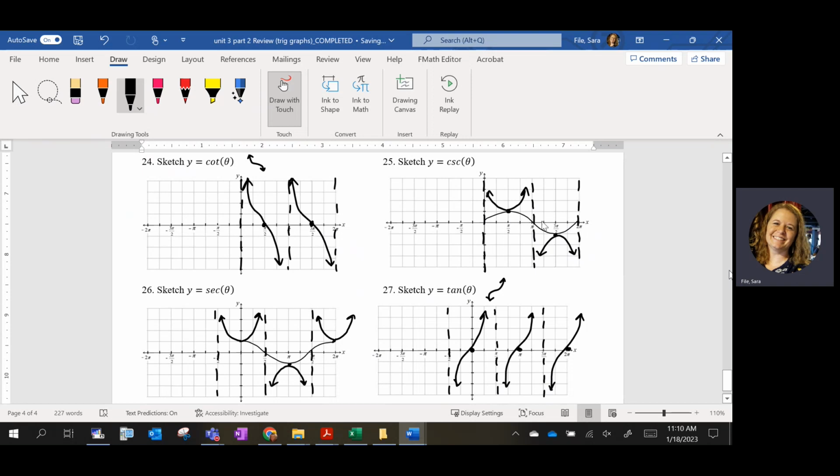You have to pass one of the asymptotes before it starts repeating. But with tangent and cotangent, between every asymptote is the exact same curve. It doesn't switch direction or anything. So remember, the period for these two is only 1 pi, as opposed to the 2 pi of all the others.